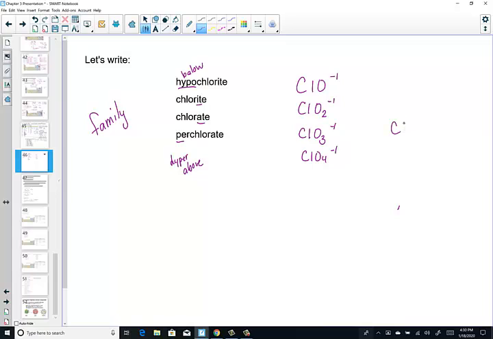So you can see changing the oxygen on that main element of chlorine determines the name. So you really want to use your polyatomic ion chart to find the root word and then determine how many oxygens are on there. So changing the oxygen changes the name of the polyatomic ion, just as we represented with that example.